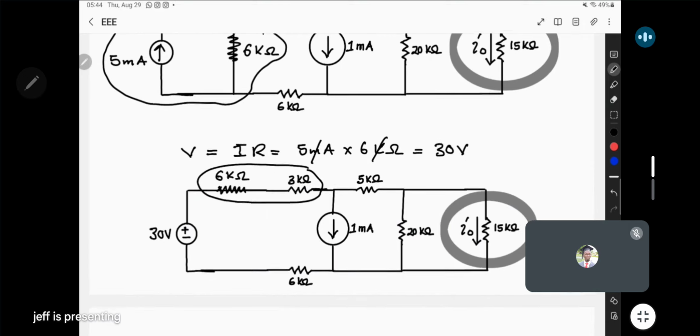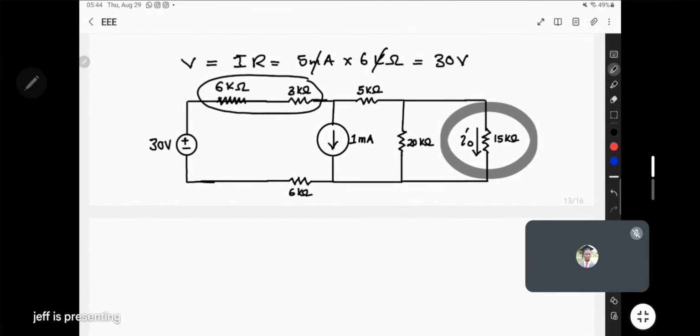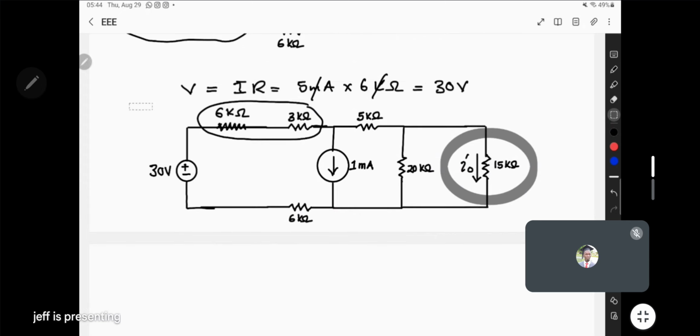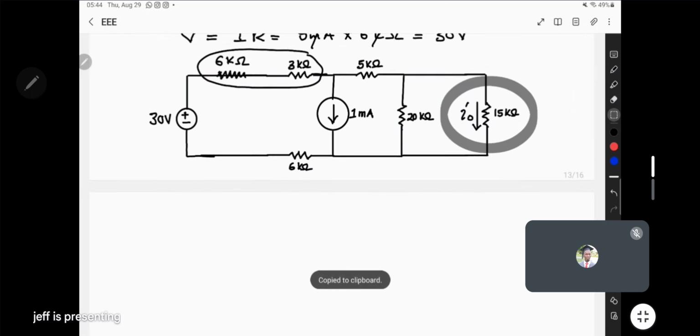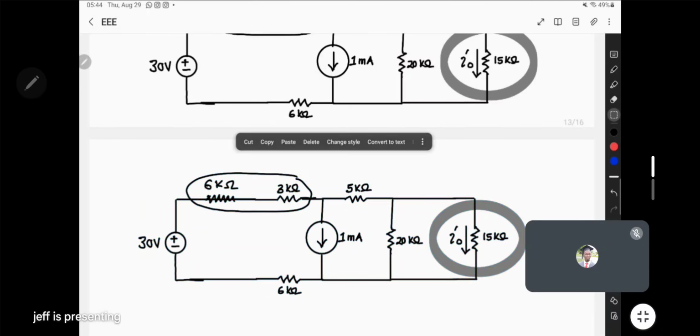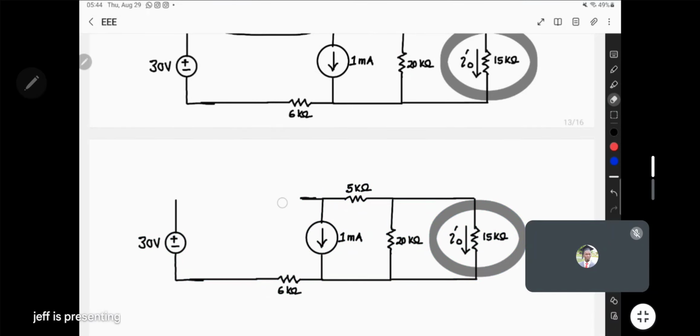Those two are in series. Because of that, we can add them up. So when those two are combined, 6 and 6, we get 9 kilo.